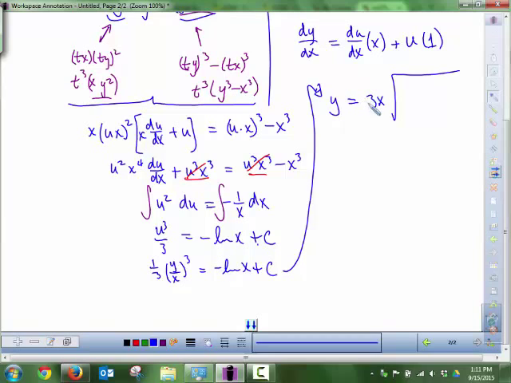Yeah. And then, no. I was going to switch the c and the ln x just to write as c minus ln x. So keep the negative in there. Maybe?